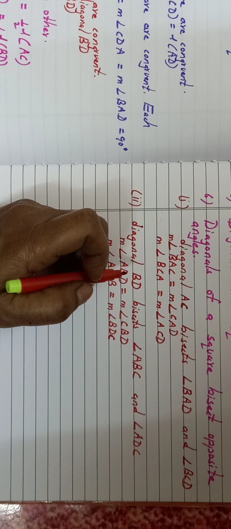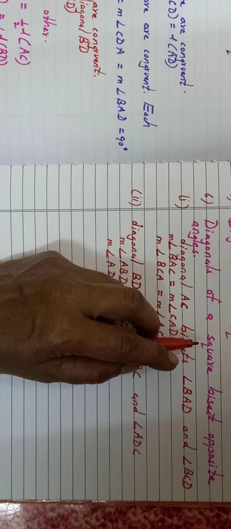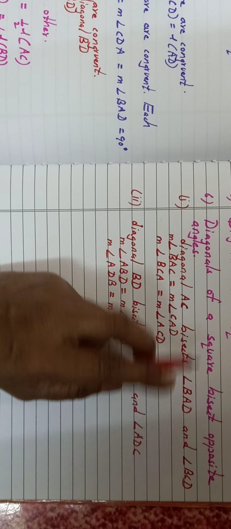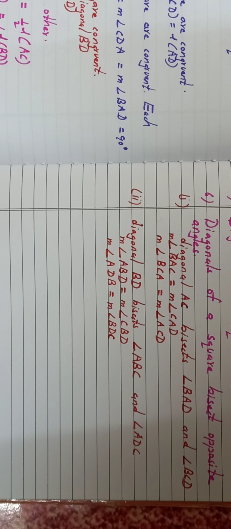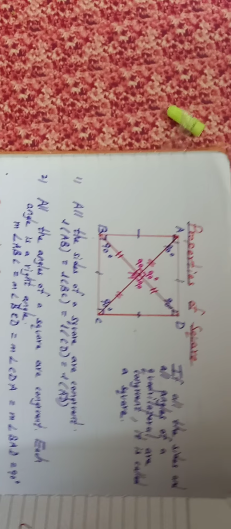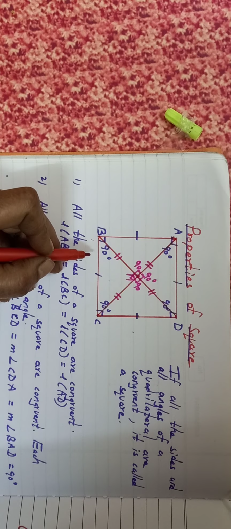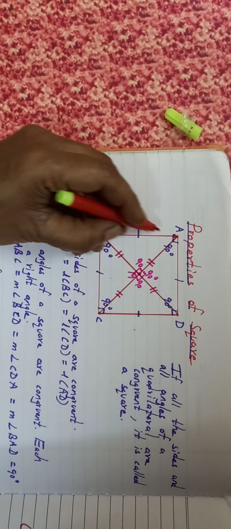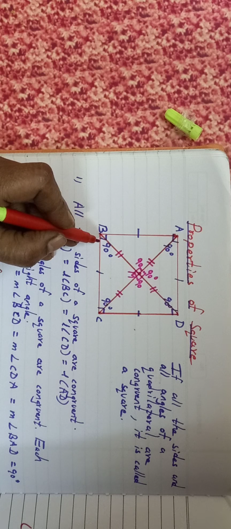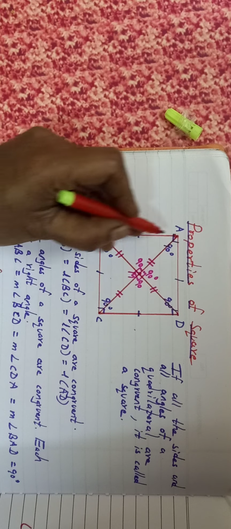Next very important property, diagonals of a square bisect opposite angles. You know the meaning of bisect opposite angles? That here, if you see the figure, we have been given the square, and here diagonal AC we will take.